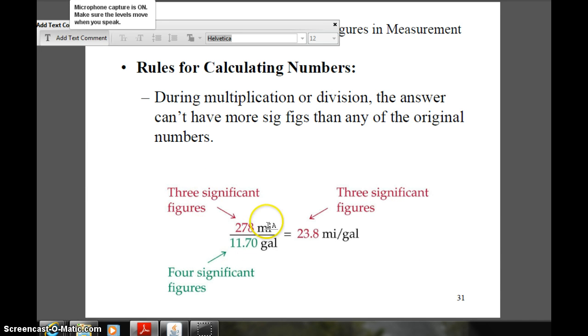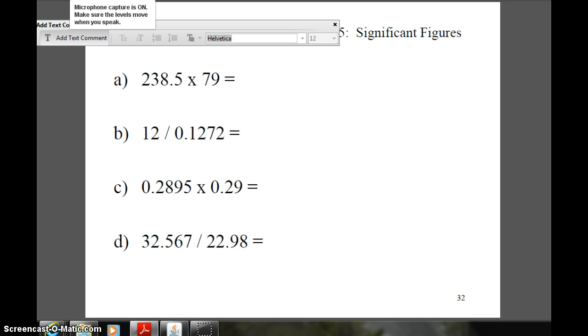And so when you carry out that division, you end up with 23.8. You can only report significant figures corresponding to the least number of significant figures of the two. In this case, since the numerator has fewer of the two, you can report only 3 significant figures for this particular calculation.